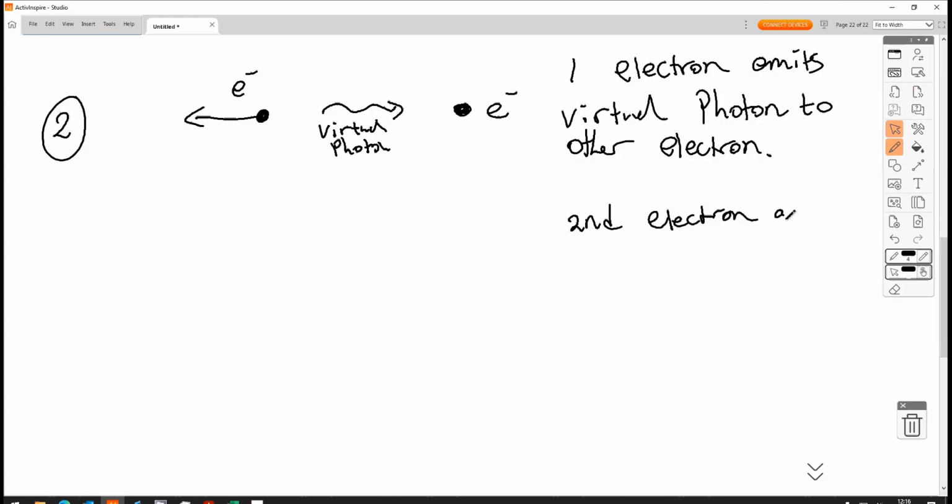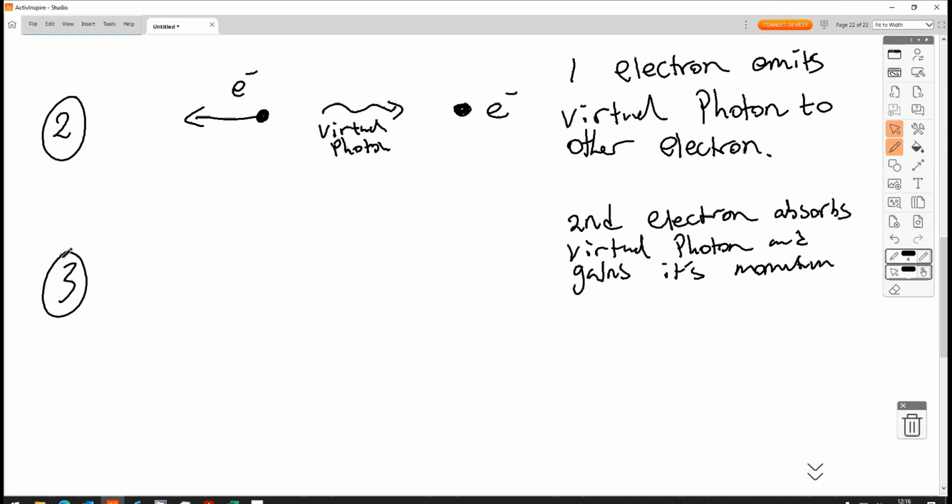So second electron absorbs virtual photon and gains its momentum. So step 3, this electron goes that way, and this electron goes that way.